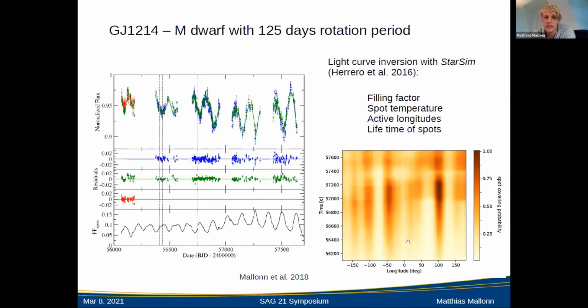And that was a spot map, with time on the y-axis and longitude on the x-axis, and you saw these active longitudes which remained covered over the duration of the observation.